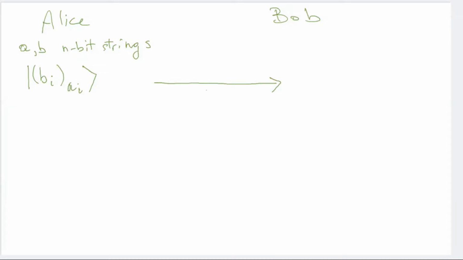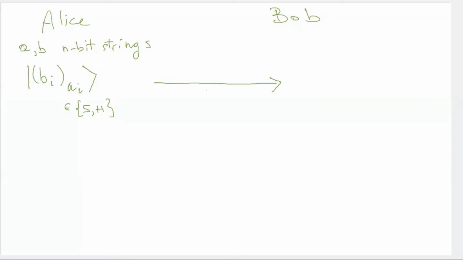Ai is the basis, so let's say Ai is either standard or Hadamard, and then Bi is either 0 or 1.